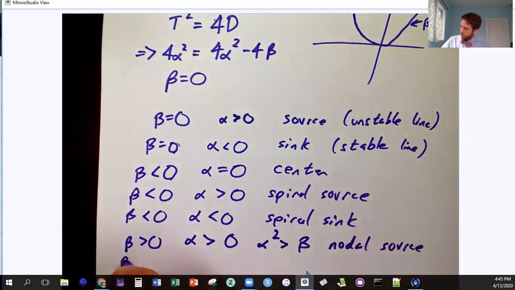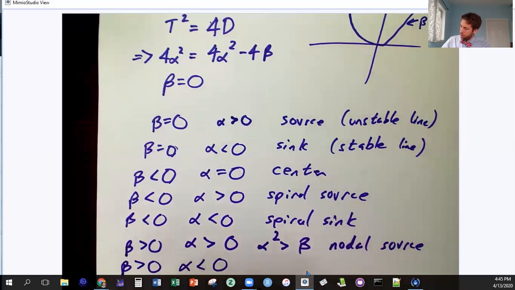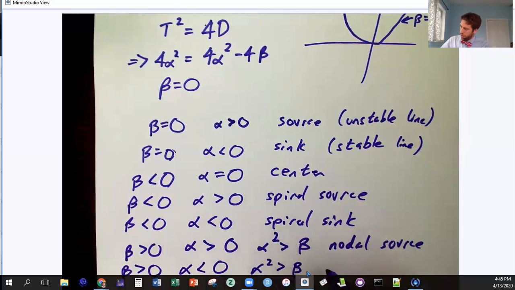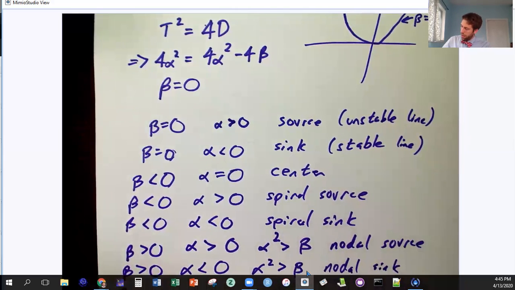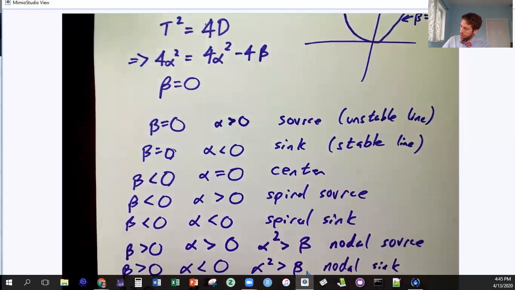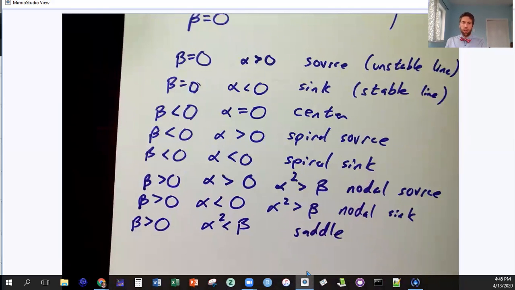And beta greater than 0 and alpha less than 0 and alpha squared greater than beta gave us a nodal sink. And beta greater than 0, alpha squared less than beta gave us a saddle. Okay, sorry, you can't see the last part of that.